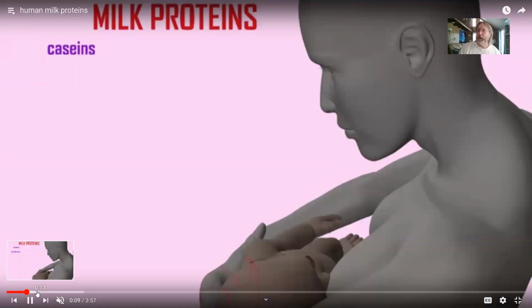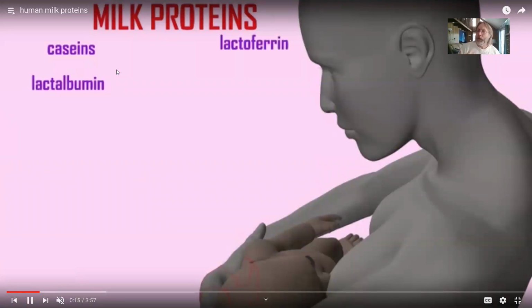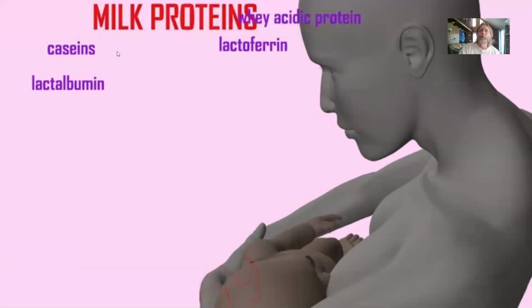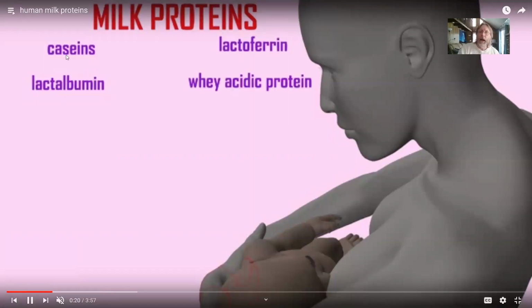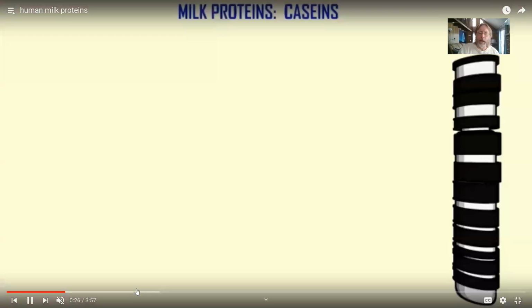Now, apocrine sweat glands make proteins and lipids, which are then secreted onto the surface of the body. So these mammary glands just do that, but to a much greater degree. They produce proteins, primarily caseins, lactalbumin, lactoferrin, but then others can be present as well.